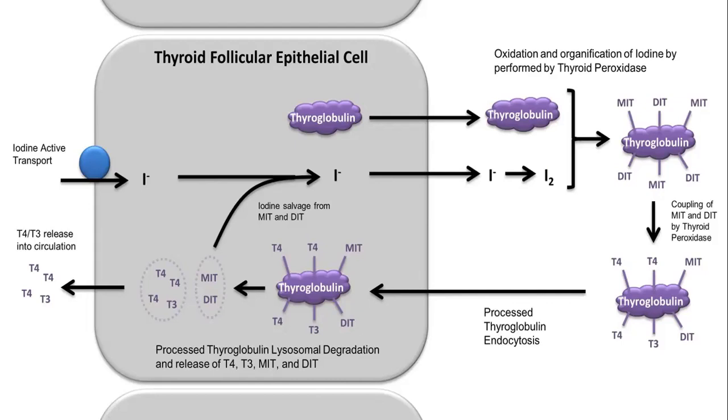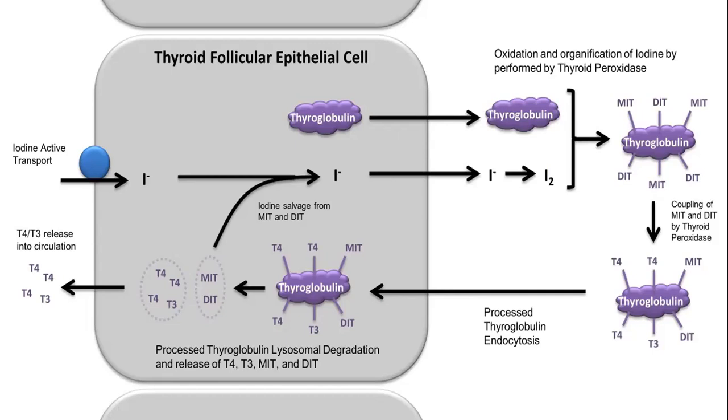So let's have a brief review on how these thyroid hormones are produced and which components are attacked by these autoantibodies, leading to manifestations of Graves' disease.